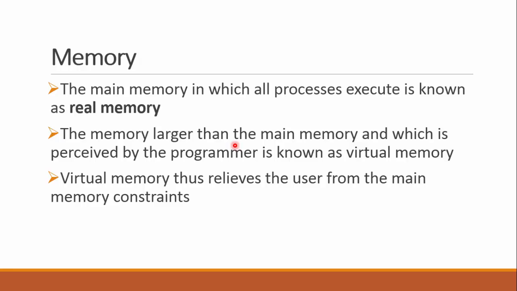It creates its own memory references, and what the programmer considers is known as virtual memory. So it relieves the user from the main memory constraints. He can be as flexible as he wants with memory references; they need not be real actual places. So the memory perceived by the programmer is virtual memory.